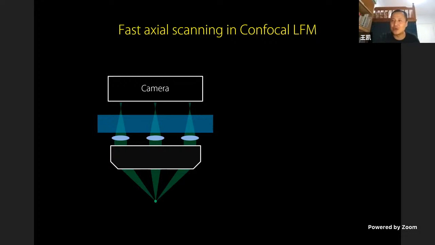Also the aberration it might cause means we might need a different mask. If you have an aberration, those spots will shift their position, and you might need a different mask to extract the right axial range information.